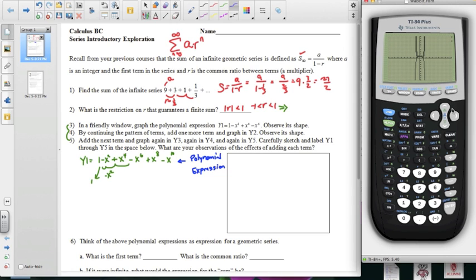We end up getting that, and we can see that that's just a little bit skinnier. And so we can keep going back and forth on this. So let's just take this out one more term. If we take y3, and add another term to it, so it would be plus x to the 12th power.